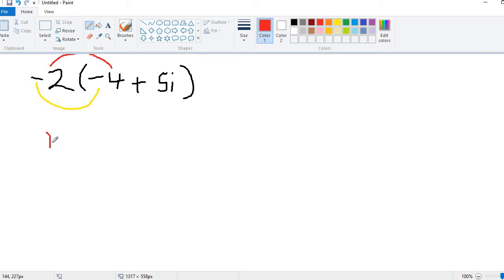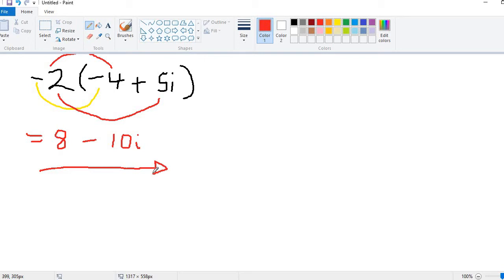We don't write the positive, we just say 8. And then -2 times the positive 5i, we get, like I said, -10. And always remember, don't leave the i behind. So this is our answer in rectangular form.